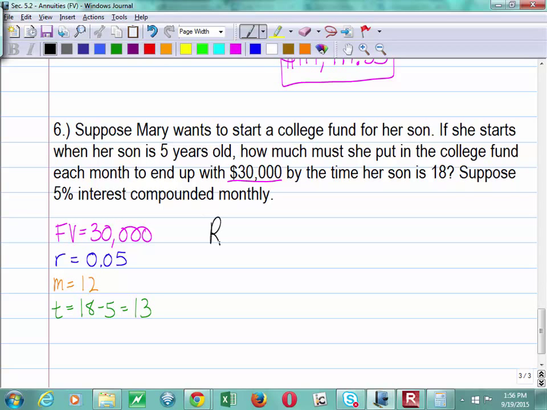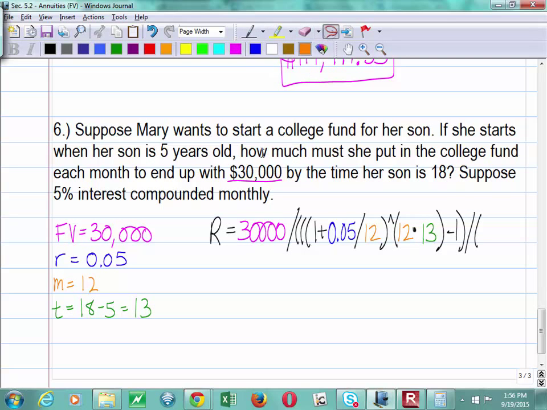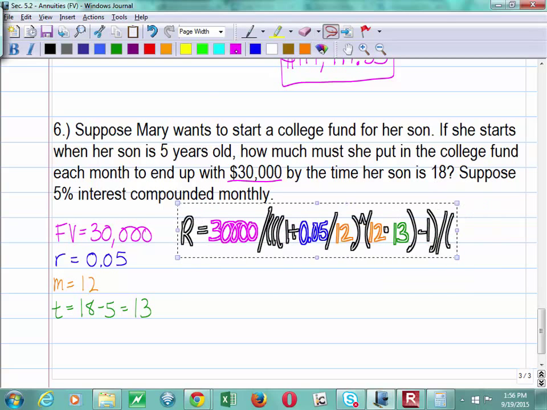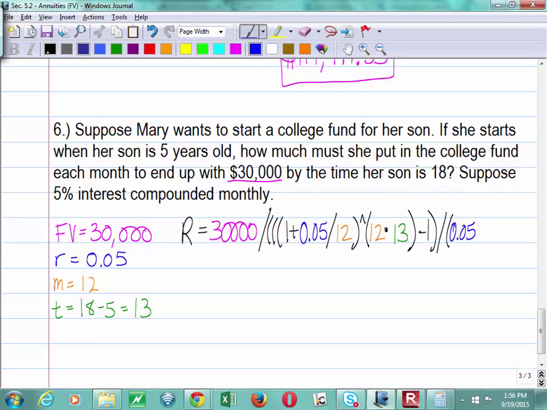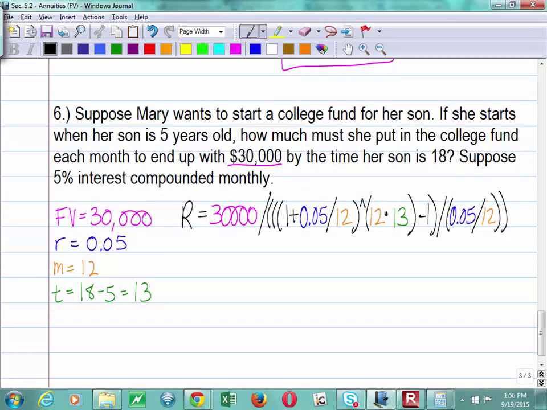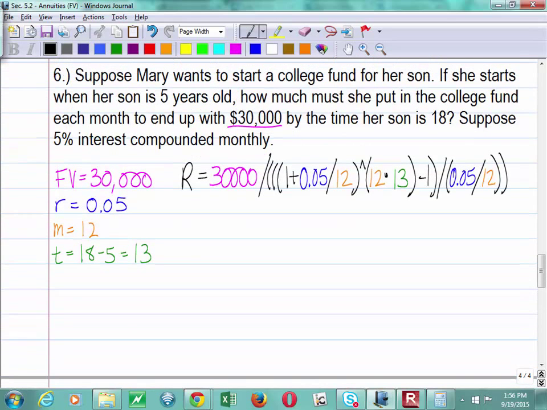Okay, so we're solving for R. Alright, so I think that should be it. So let's plug that into the calculator.